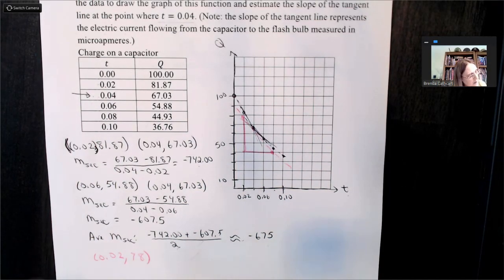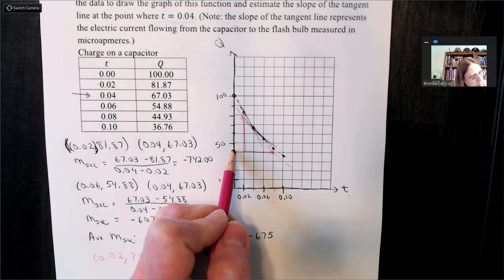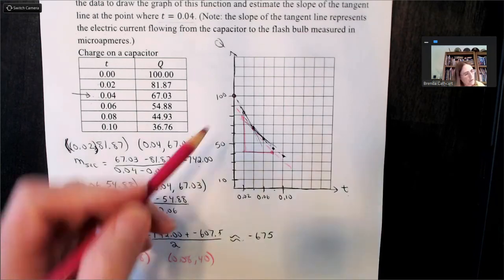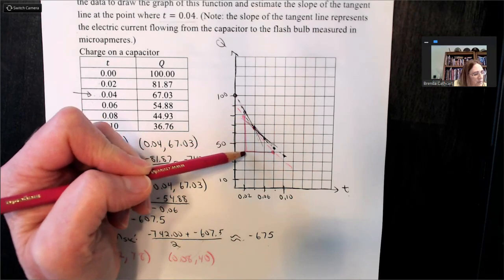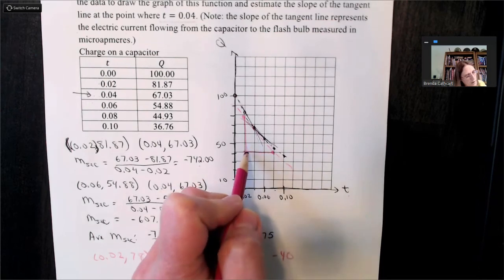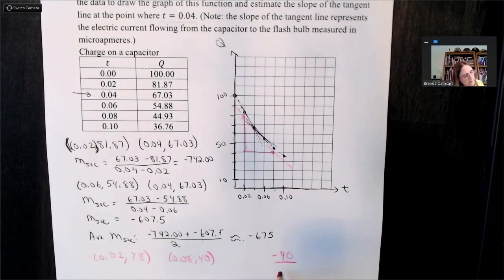And our point here at 0.08. Looks like it's at about 10, 20, 30, maybe 40. And so visually I can subtract and calculate the slope between those points. When I do the slope there, it looks like I'm going down. What are we going down? 10, 20, 30, 40, and over 1, 2, 3 over 0.06.